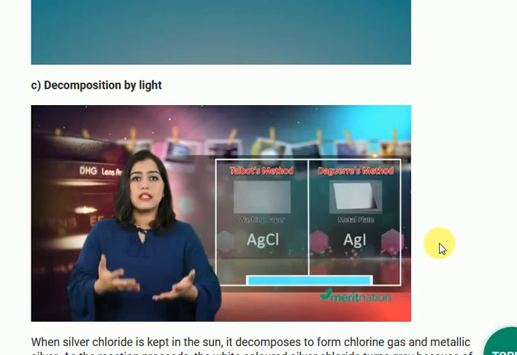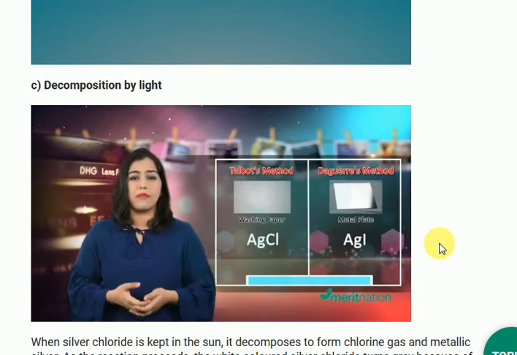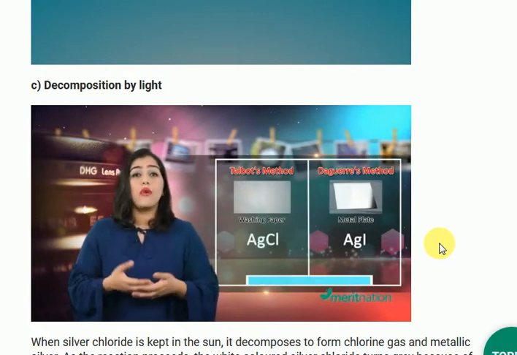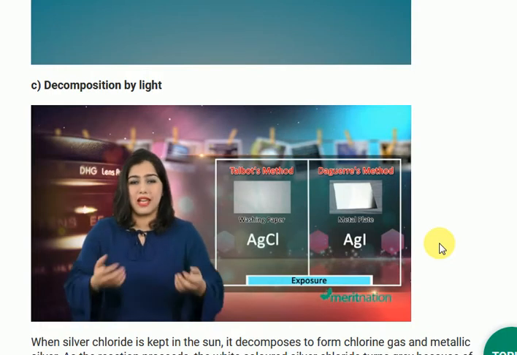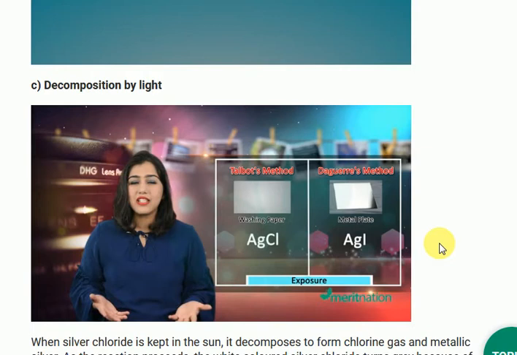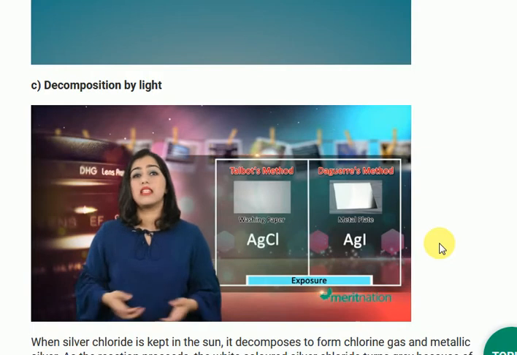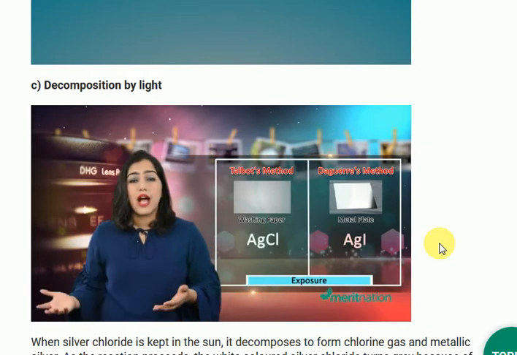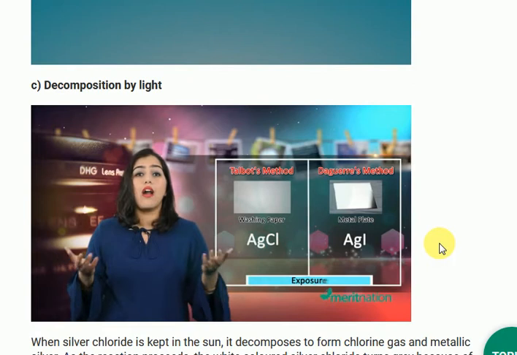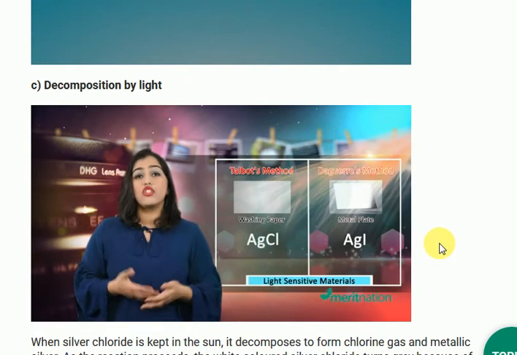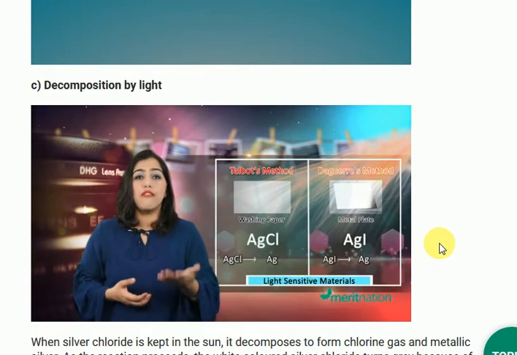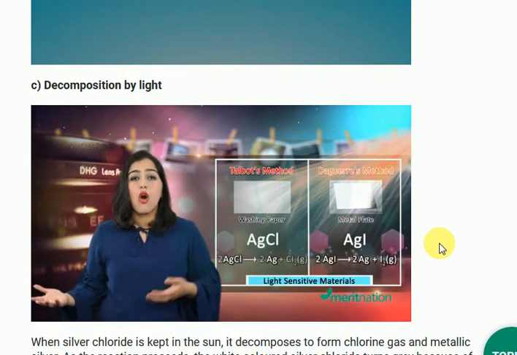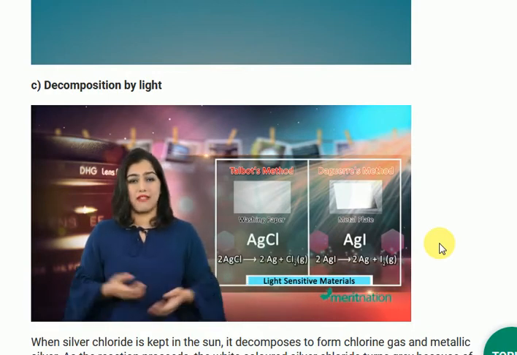The main step of technique developed by these persons was to expose the washing paper or plate to light. And what happened next was simply marvelous, because silver iodide and silver chloride are light-sensitive material. So when light falls on them, they decompose into silver metal and iodine or chlorine gas respectively.